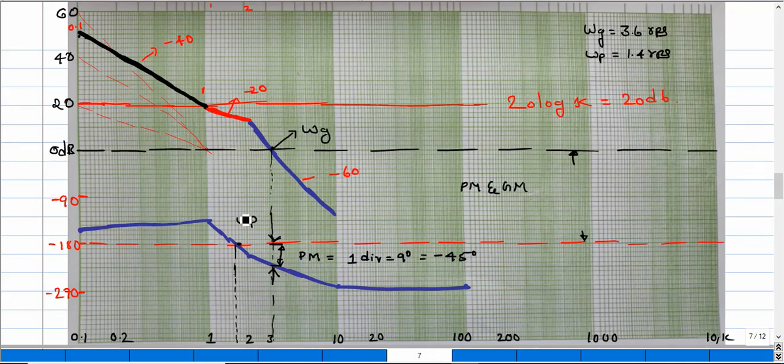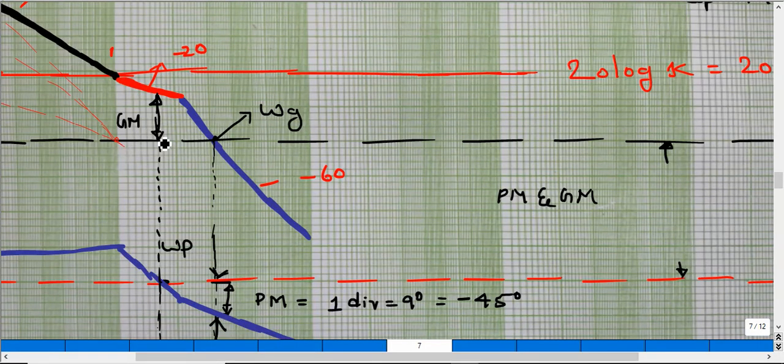Similarly, in order to obtain the gain margin, we shall draw a construction line. That construction line will intersect here, and we need to measure this particular distance. This will yield the gain margin. Each division here is 2 dB. Let me zoom it for you. I hope you can see here.